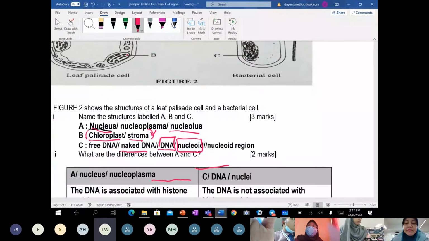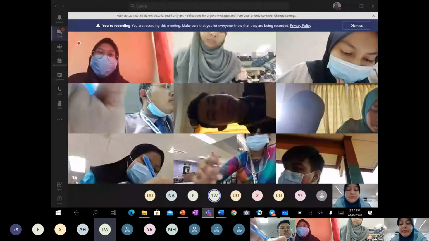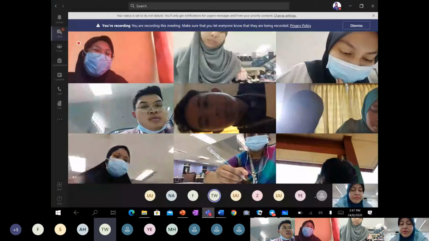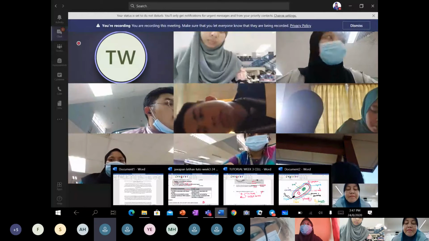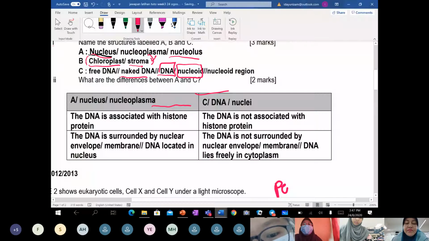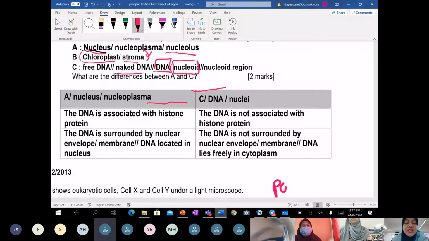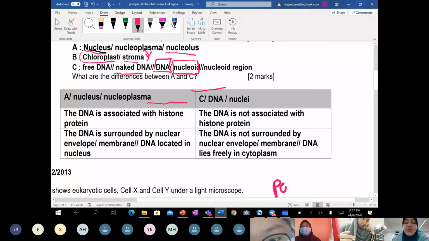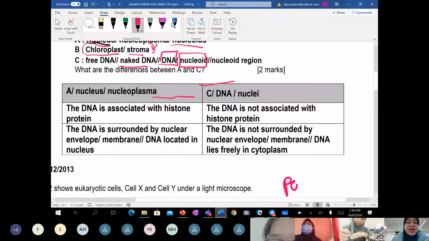The structure A, the DNA is bounded or surrounded by a nuclear envelope, whereas the DNA for C is not surrounded by a nuclear envelope. Listen carefully, class.